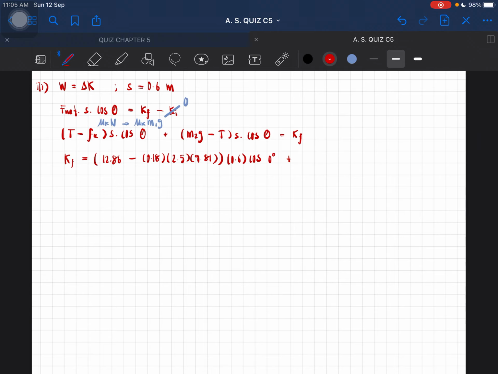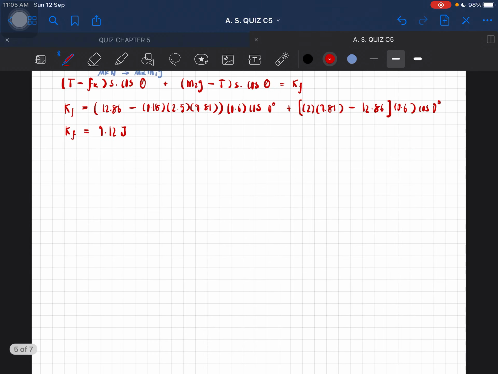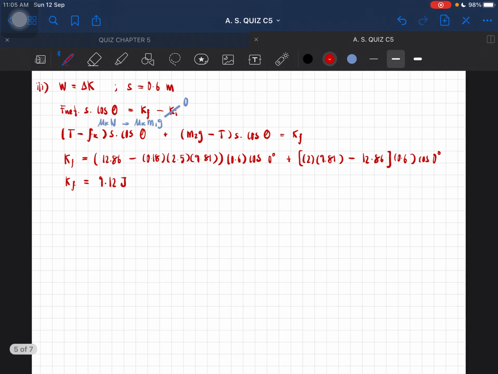Why cos 0 degree? Because it follows the direction of the displacement. So this is 2 times 9.81 minus 12.86, times 0.6 cos 0 degree. You should get the final kinetic energy to be equal to 9.12 joule. That is how you solve using the work kinetic energy theorem.